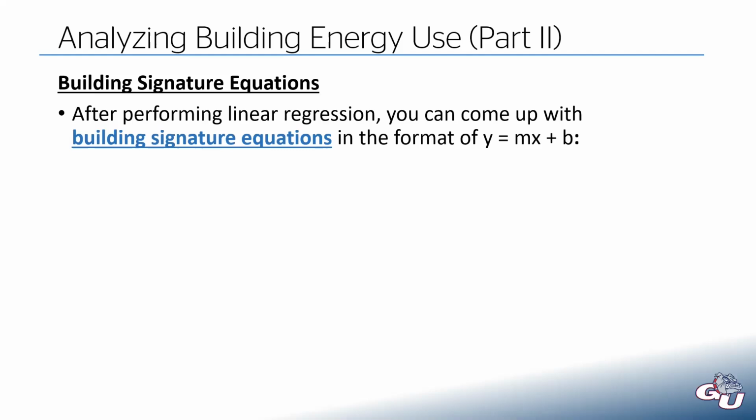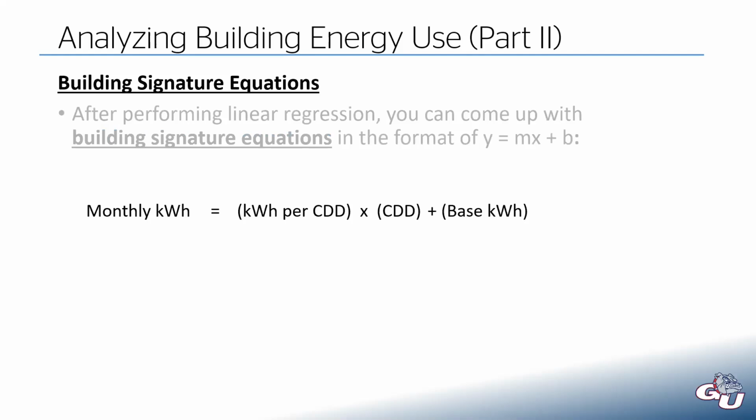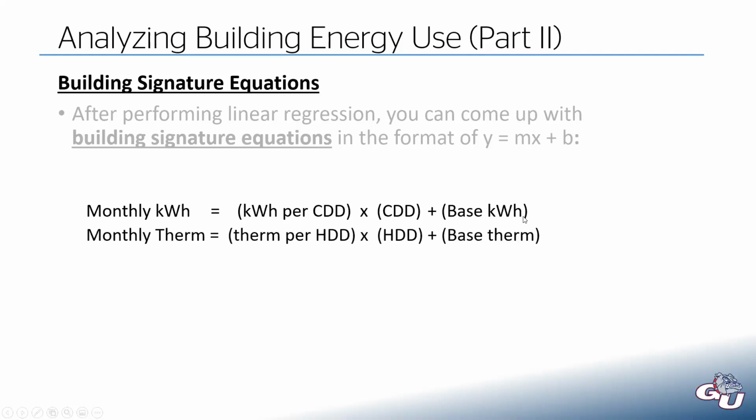You do that linear regression, and you come up with equations that give you a way to predict energy use. You're going to come up with one equation that says, I can predict monthly kilowatt hours based on a certain kilowatt hours per cooling degree day times cooling degree days for that month, plus some base kilowatt hours. Similar approach on the gas. You'll have some base therm use every single month, and then you'll have increased therm use per heating degree day.